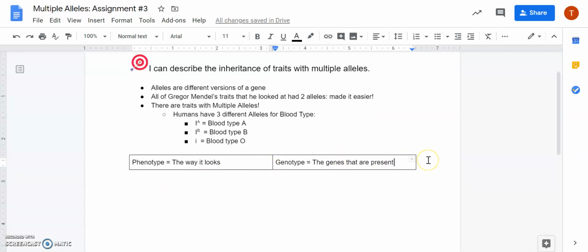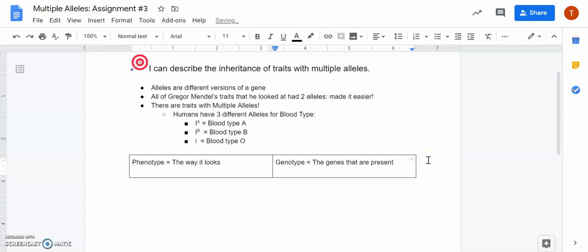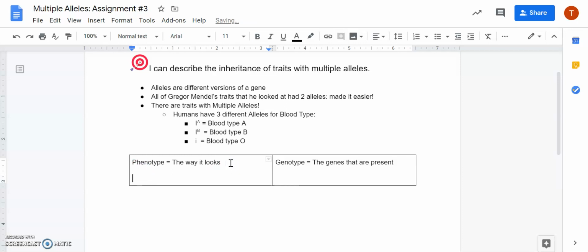So when talking about blood types, you were talking about the phenotype. For example, Mr. Dean has blood type O. What genes would give Mr. Dean blood type O? When we look up here at our different ones, we know that blood type O is recessive.